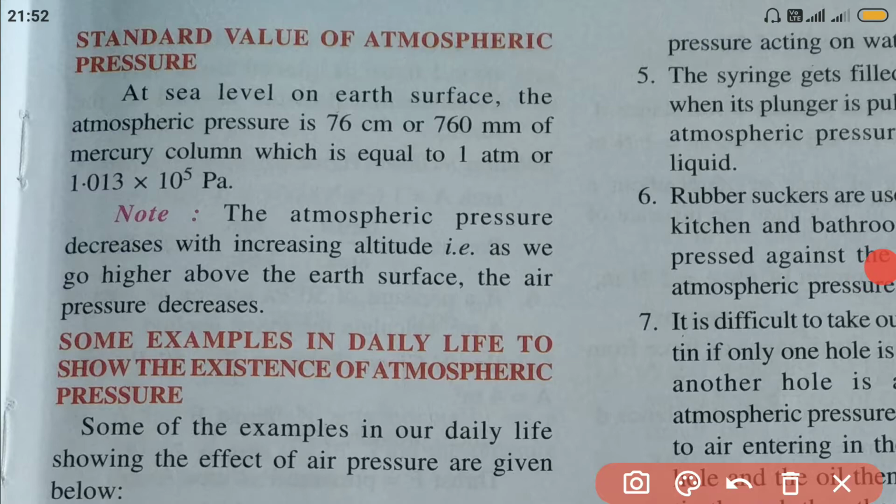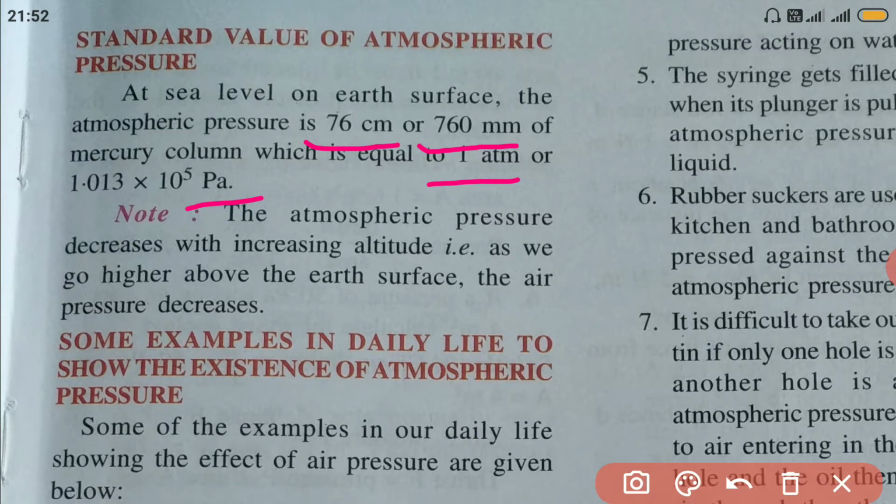One is 76 centimeter or 760 millimeter of mercury column, which is equal to 1 atmosphere. Here, 1 atmosphere. Okay, I think you are not able to see, I just underlined it. So it is 76 centimeter or 760 millimeter or 1 atmosphere and Pascal.